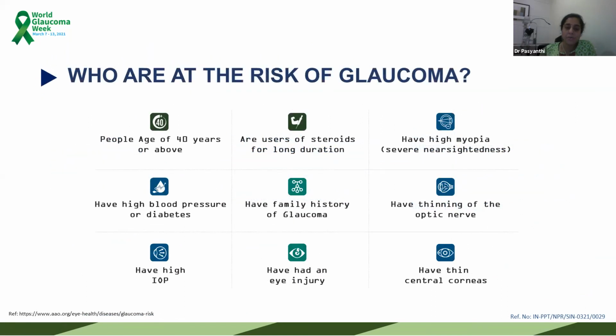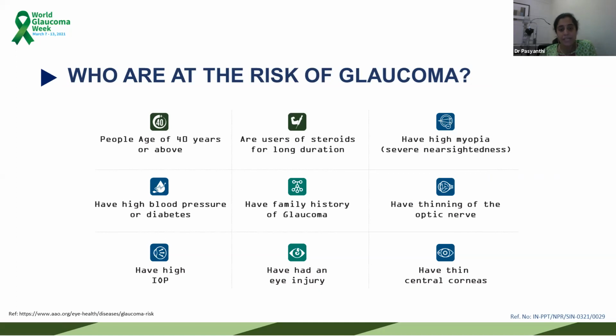So who is at risk of glaucoma? People who are more than 40 years of age, or who have been using steroids for a long term because of any other medical condition, or who have high myopia, that is, who have high minus power glasses, or who have high blood pressure or diabetes, thereby requiring frequent medical examinations.